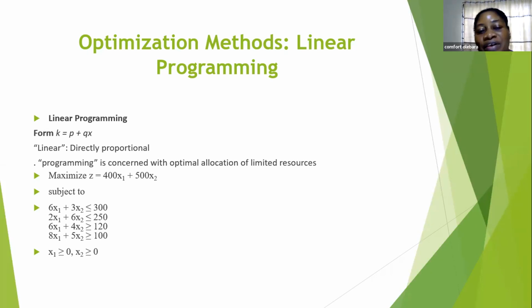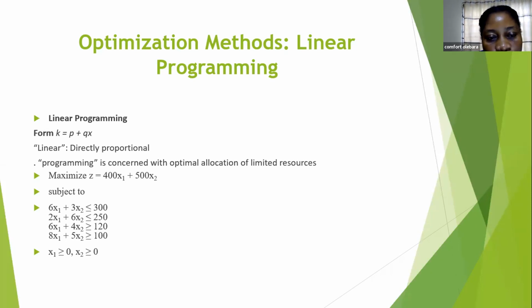An increase in the number of inputs results in an increase in the number of outputs. That means if variable x1 is increased, we still expect some kind of increase in its contribution to the overall system. So linear means directly proportional, and programming is concerned with optimal allocation of scarce resources.